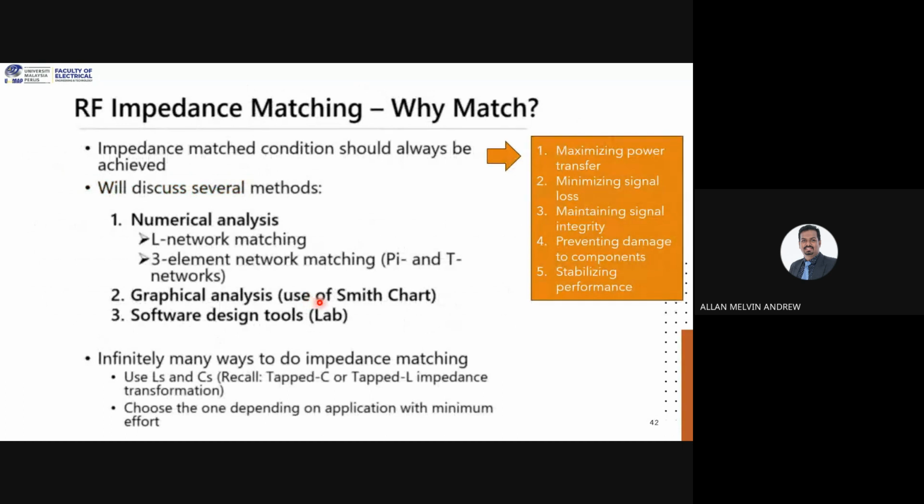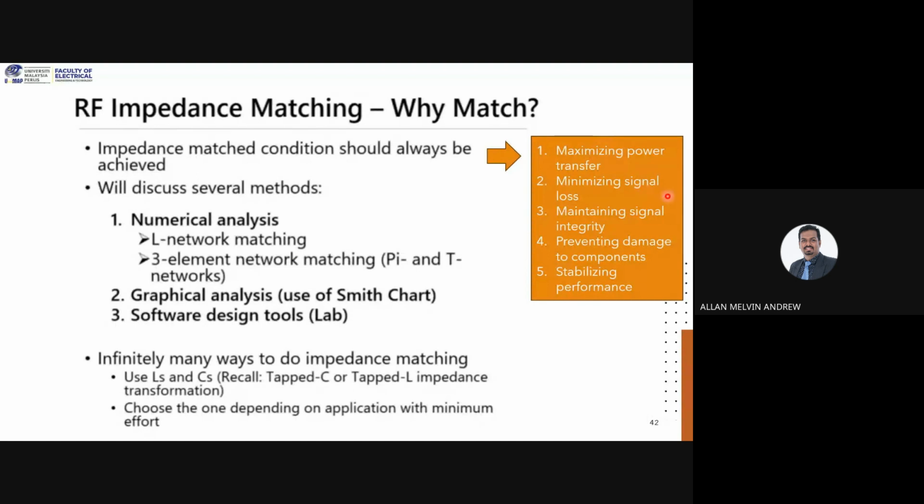RF impedance matching, why match? The impedance match condition should always be achieved. What we want to achieve using impedance matching is to maximize the power transfer, meaning you transmit a certain value and make sure the receiving end receives the same value.